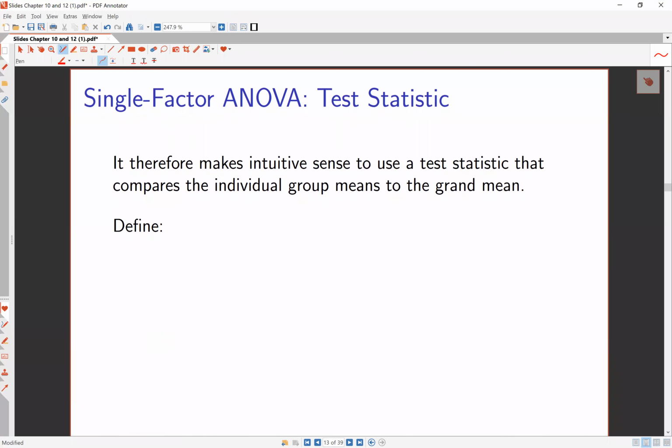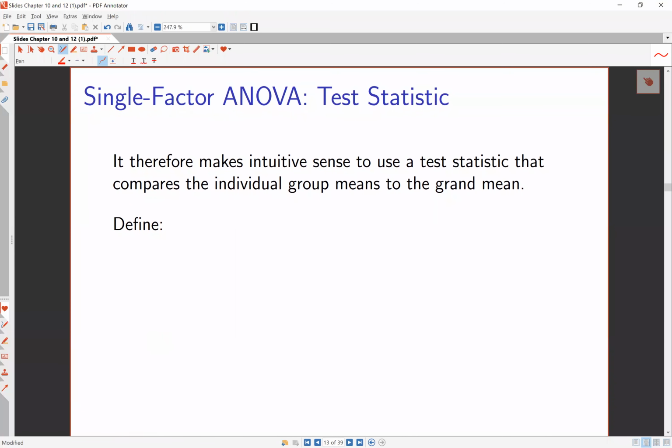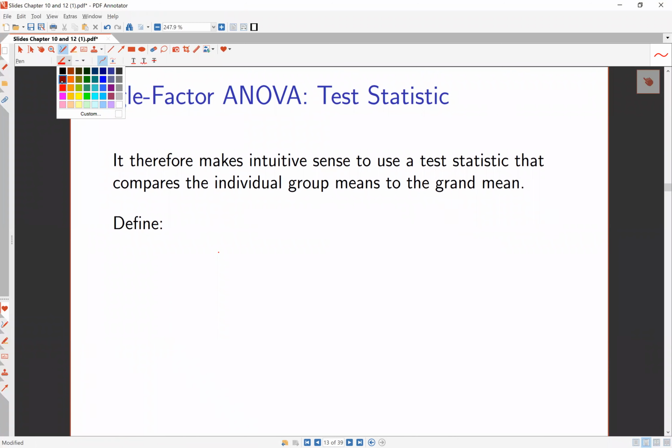Now there are a few steps going into calculating the test statistic. We first calculate a quantity abbreviated as MSTR, and this is just an abbreviation for mean squares of treatment.